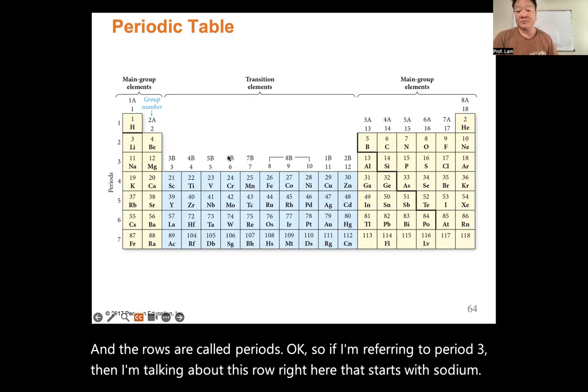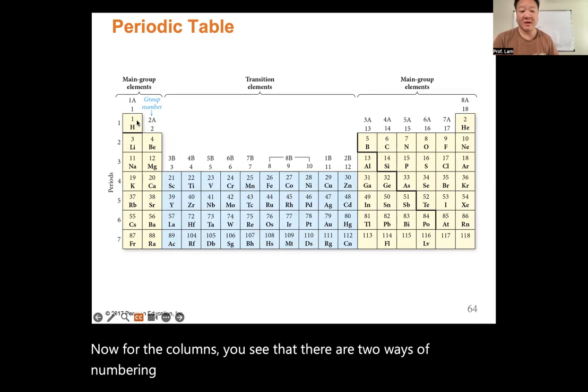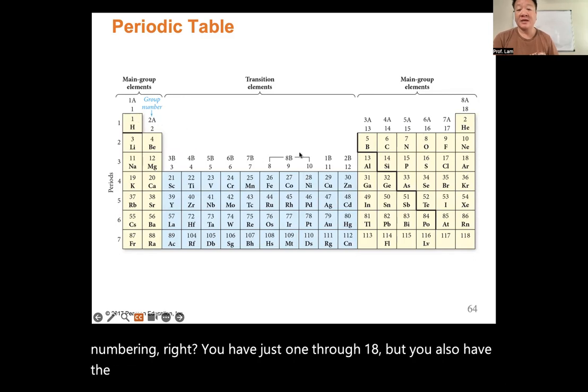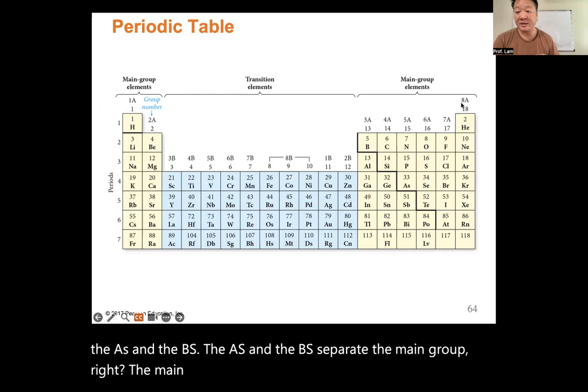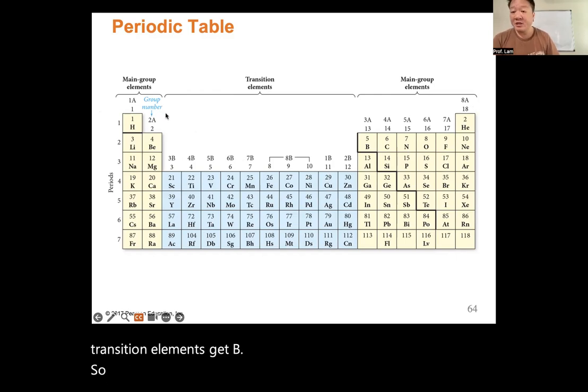Now for the columns, you see that there are two ways of numbering, right? You have just 1 through 18, but you also have the A's and the B's. The A's and the B's separate the main group, right? The main group get A behind the number, and then the transition elements get B. So that's the numbering I'm going to use, right?